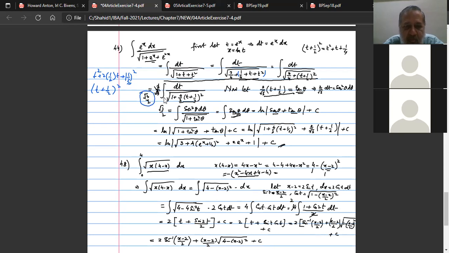Either you take this common and write it like this, or you go directly. T plus half whole square. So you can substitute that after taking common from here root 3 by 2 common, then 2 by root 3 will go outside, and so on.